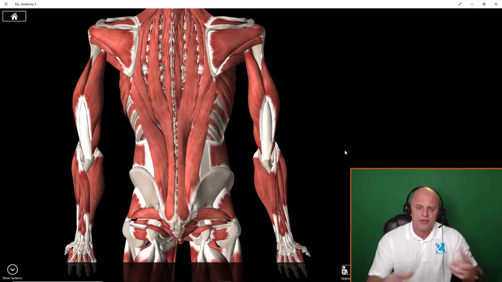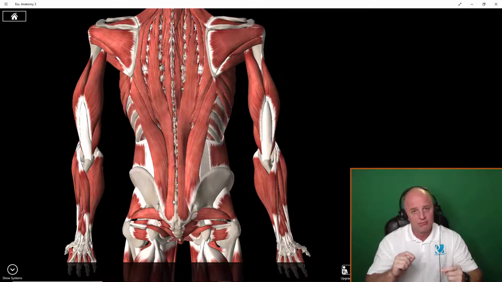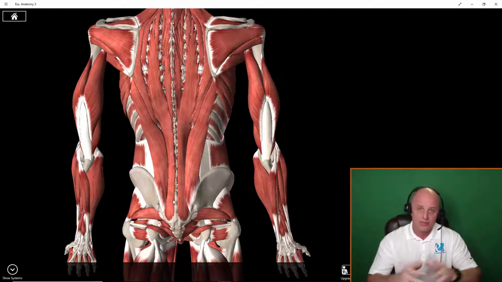What we want to really understand is that these erectors all come down and attach in the thoracolumbar aponeurosis area, onto the sacrum and the posterior side of the pelvis region. The SI joint, or sacroiliac joint, has traditionally about 1 to 3 degrees range of motion.